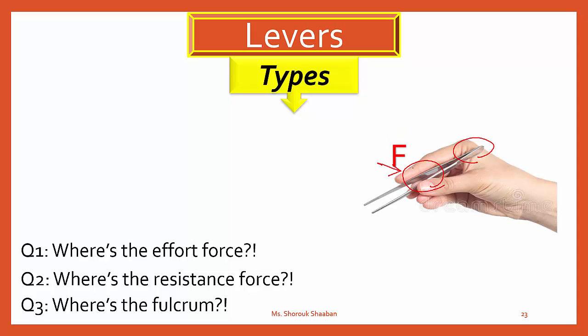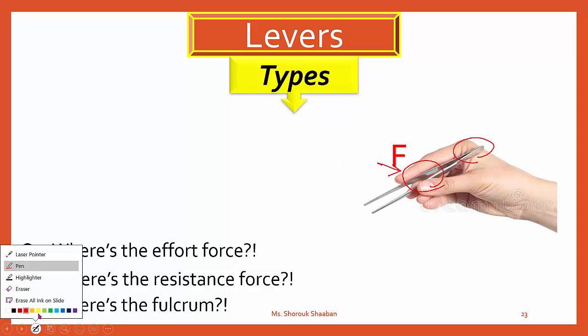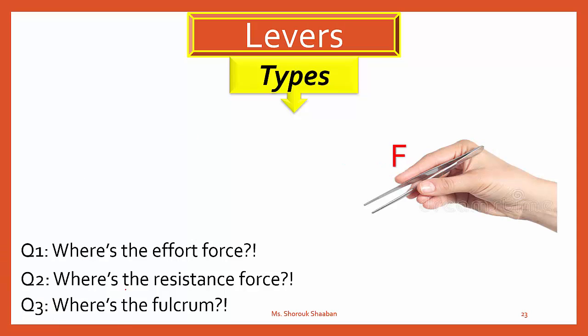Where is the resistance force? Where is the object that I am working on? Down here, where I'm holding anything. So this is my resistance force. Finally, where is the fulcrum? The point that's not moving.